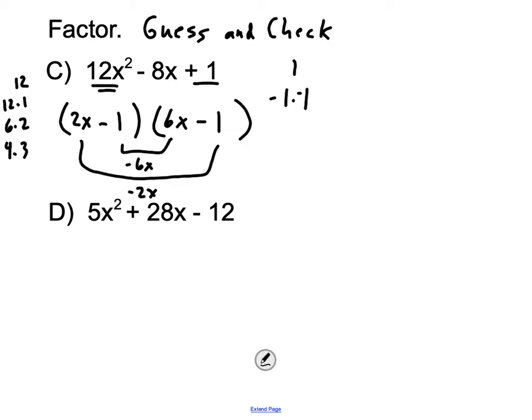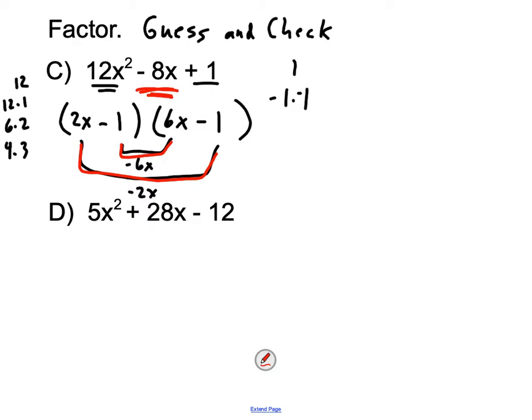They do indeed add to give me my negative 8x, which is my middle term. When you take that negative 6x and add that negative 2x, they have to add to give you that middle term of a negative 8x. This one takes some practice, but once you get it, it's going to be a lot faster.